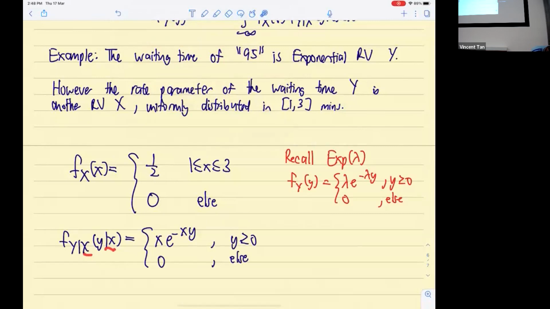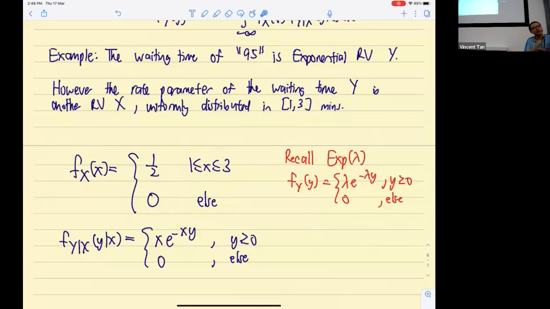Okay, we call it x. So this lambda becomes x here. So there are a lot of things happening, but here lambda becomes x. But the x itself is random. You do not know whether it's 1 or 3. Usually when we talk about random variables, I tell you, oh, the rate of the exponential distribution here is 1. But here, the rate actually is itself uniform.